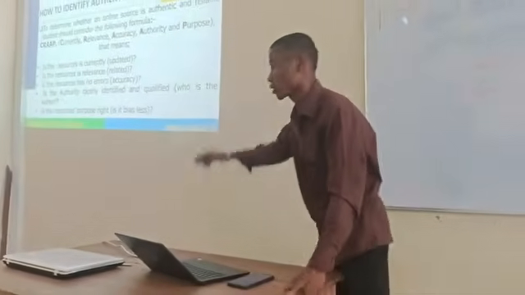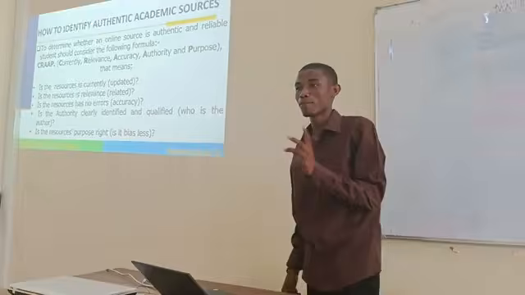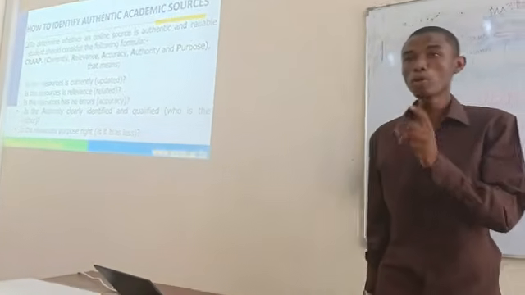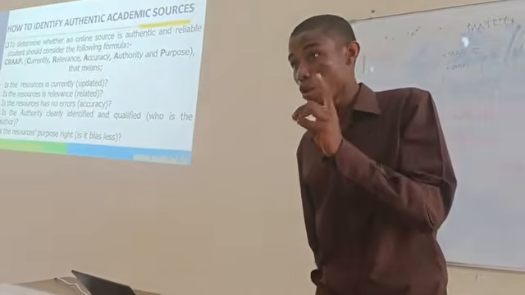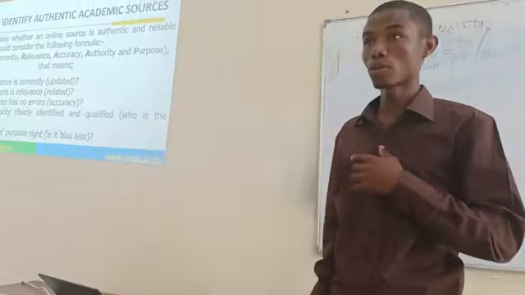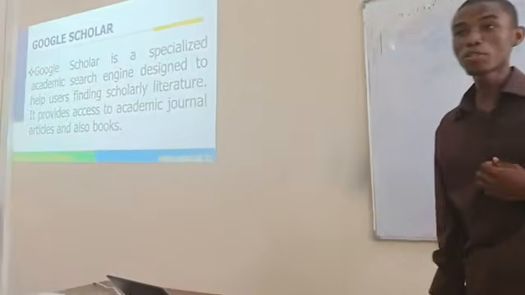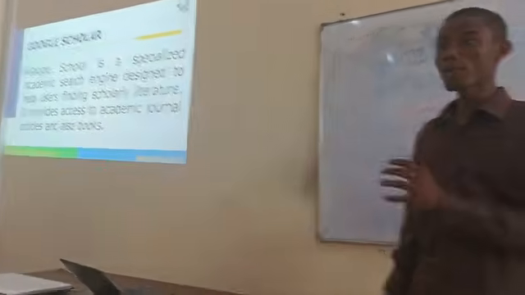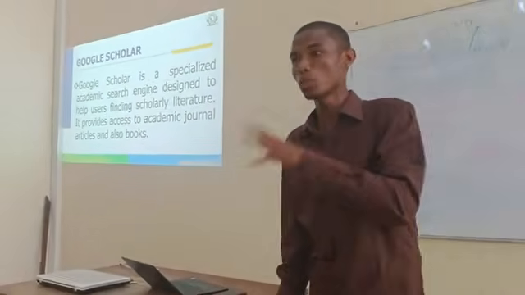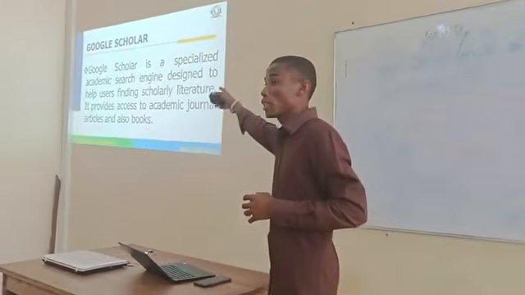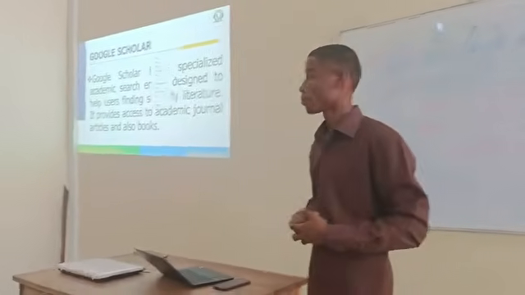Here, we are going to discuss first Google Scholar. I have told you that we are going to discuss Google Scholar and open educational resources. Let us go on with Google Scholar. This is a very important tool that many students use to search different materials for academic learning.